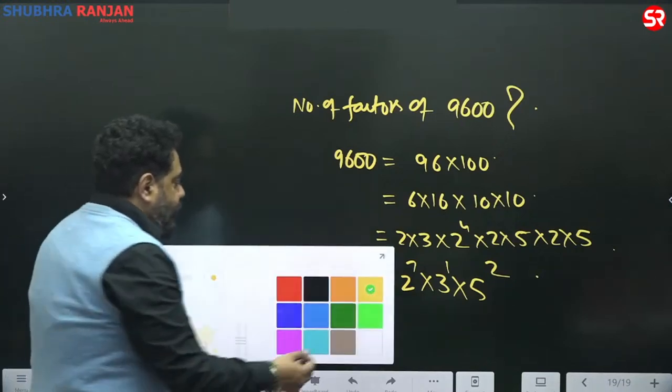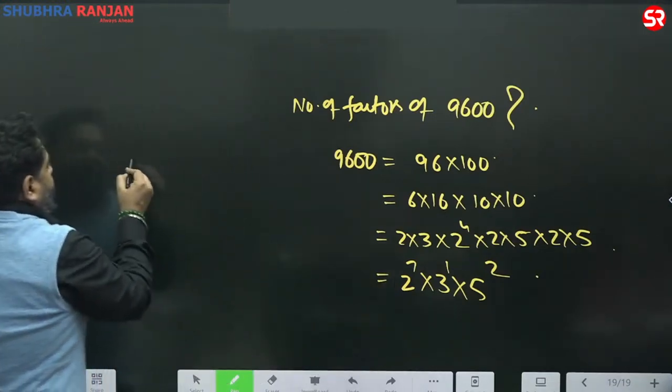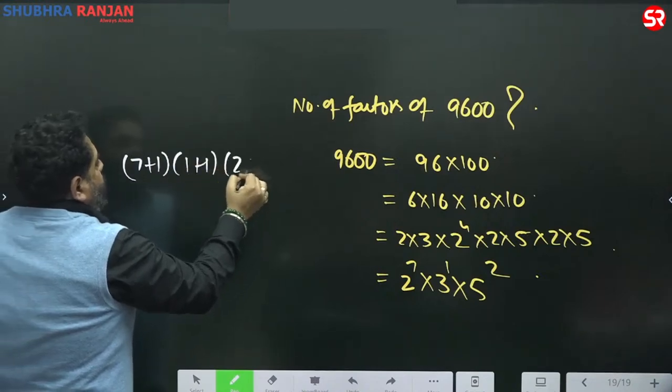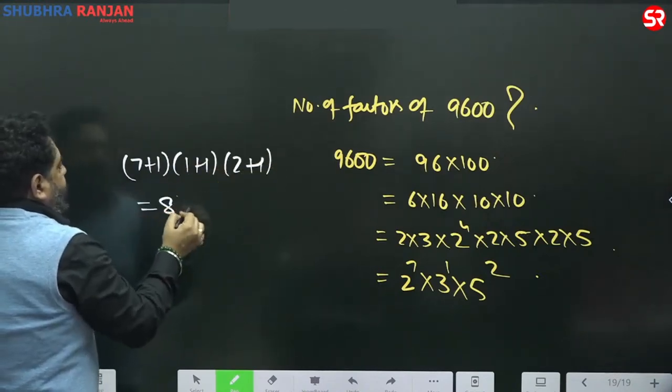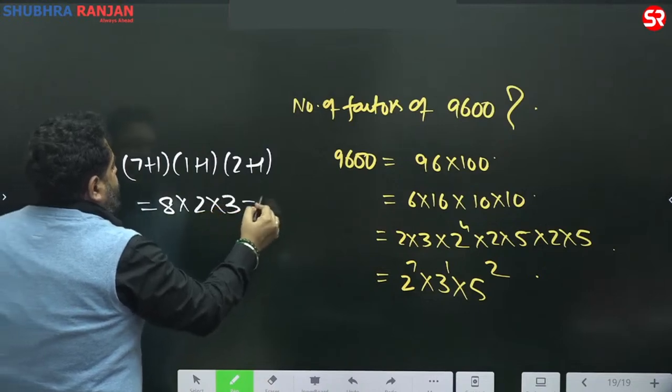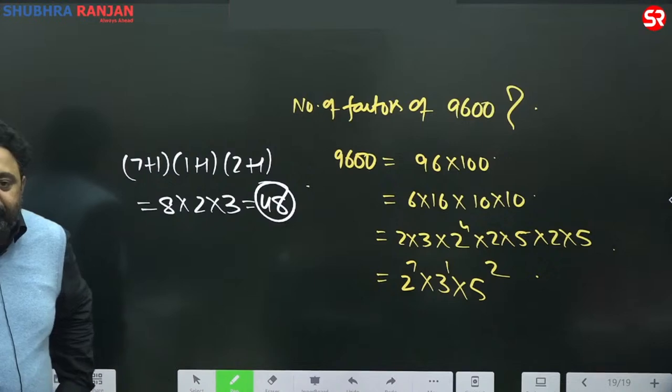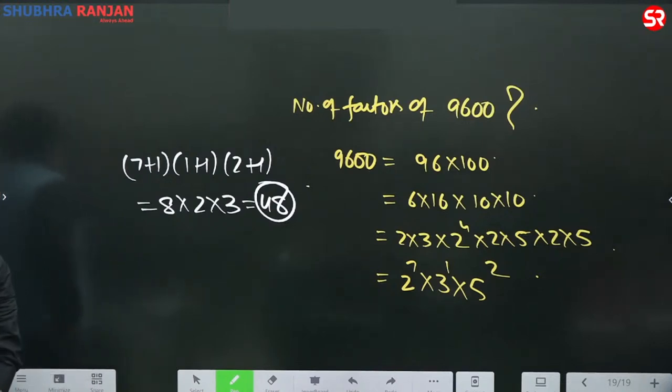So number of factors कितना हो जाएगा? Number of factors would be 7 plus 1, 1 plus 1, 2 plus 1, which is 8 into 2 into 3, 48. There are 48 factors of 9600. No issues.